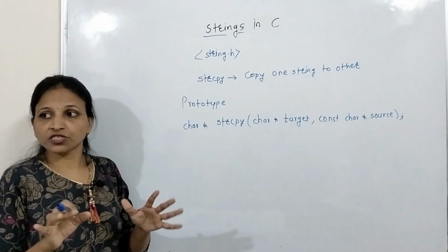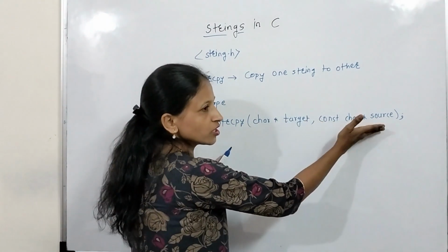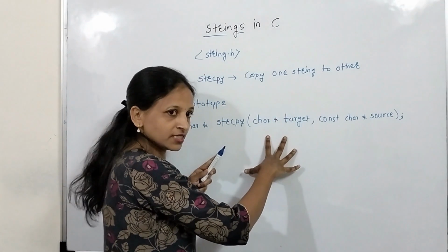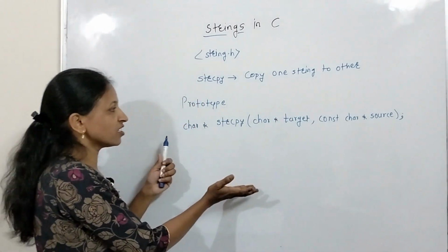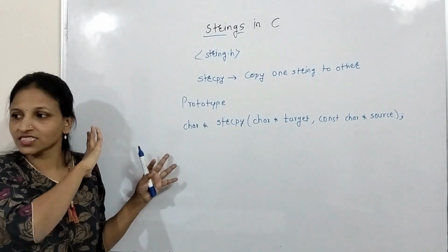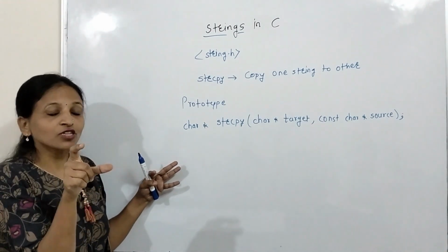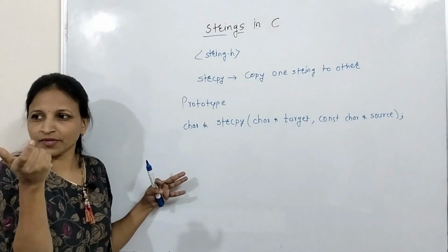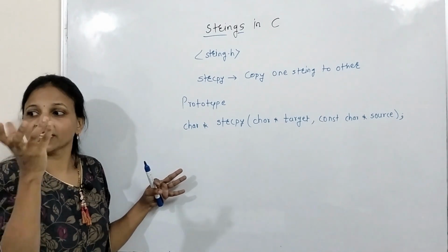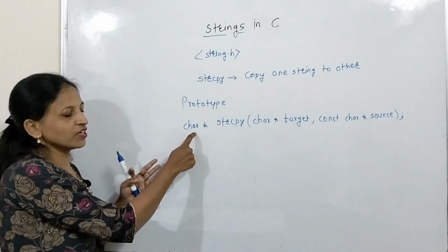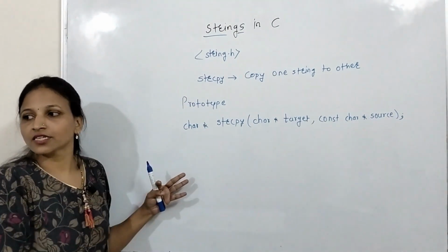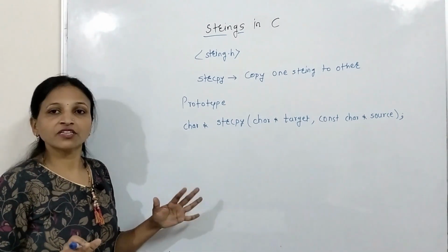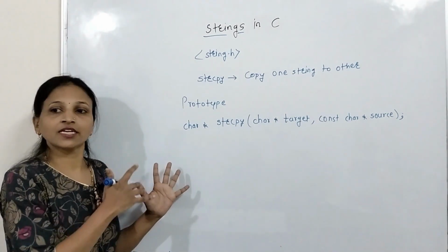Means it will do both. It will copy the contents of the source string into the target string, and as well it will return that target string. Means actually it is returning the address of that string. Whatever the target string is, that's why here we have written char star as the return type. I will explain with the help of an example why it is returning that char star.